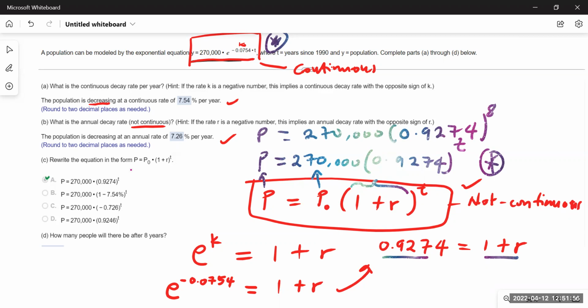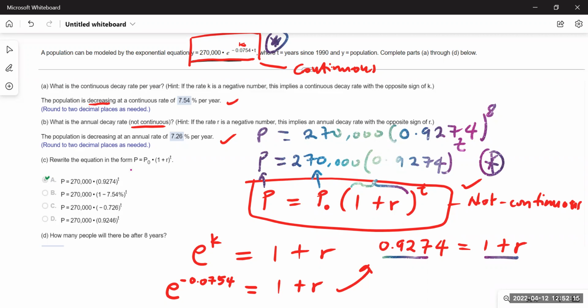So let's do that. 270,000 times 0.9274, and then exponent 8.